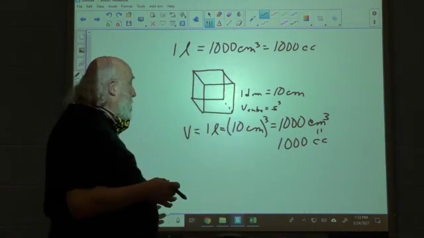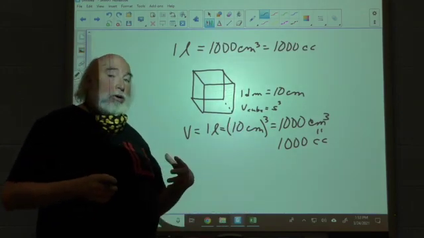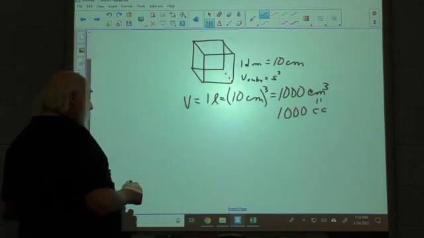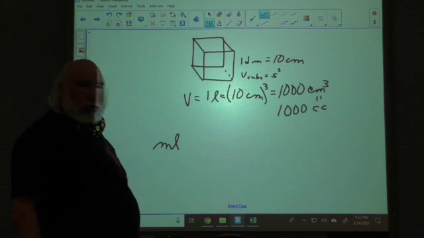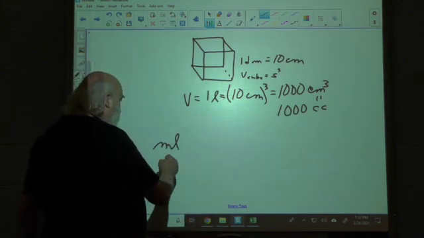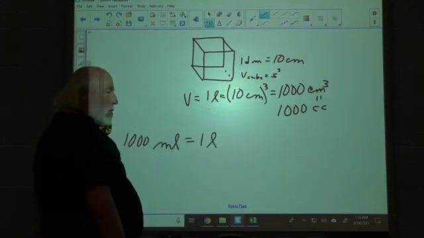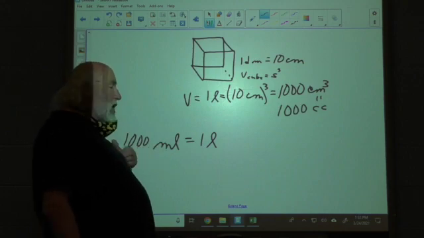Now, let's take a trip down memory lane to chapter 2, when we learned prefixes of SI units. And we had something called a milliliter. Remember that? What is a milliliter? Well, it turns out that there's 1,000 milliliters in 1 liter, because milli means 1,000 times smaller.